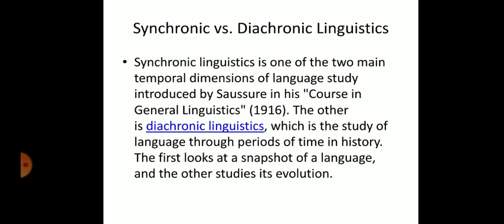The first theoretical concept that we are going to talk about today is synchronic versus diachronic linguistics. As the terms are very self-explanatory, you just go to the dictionary and find the literal or verbal meaning of the words synchronic or diachronic.